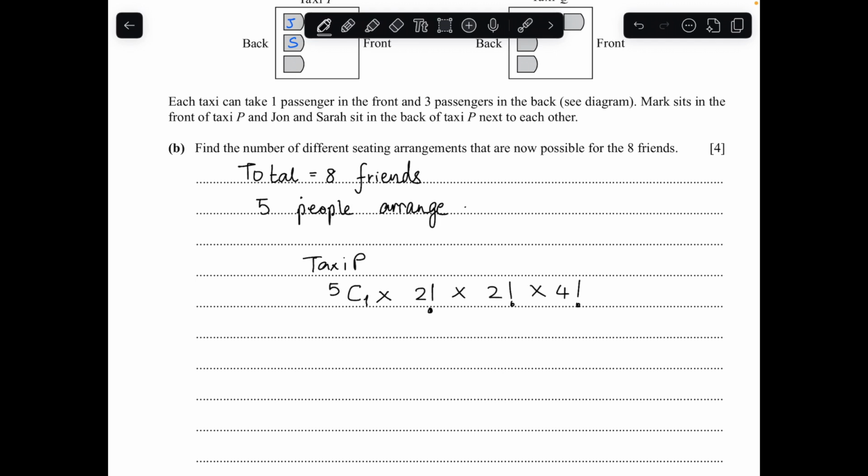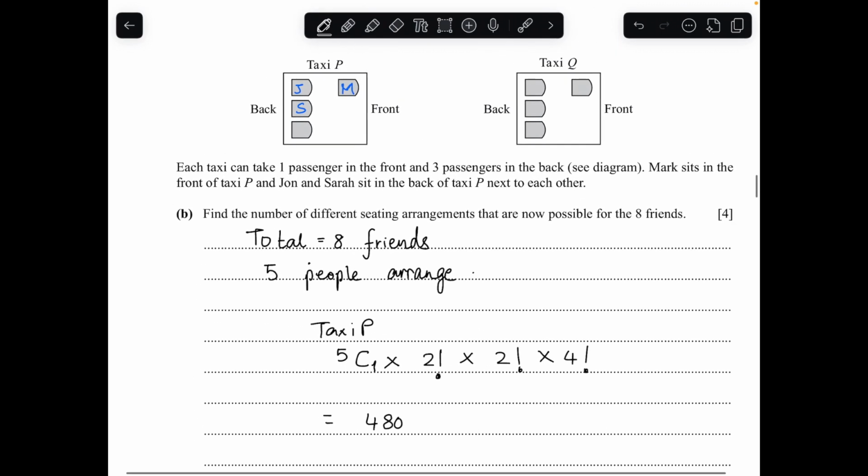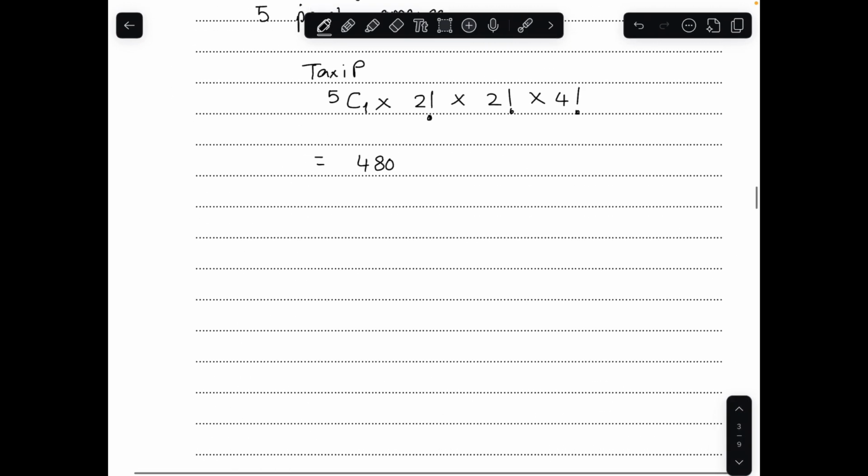So in all, if you work this out, 5C1 times 2 times 2 times 4 factorial gives you 480. So there are 480 ways to arrange these 8 friends under this given situation. All right, let's move on to the next question.